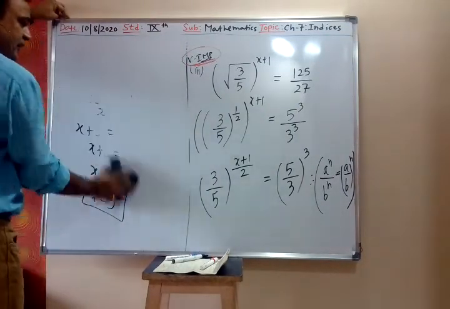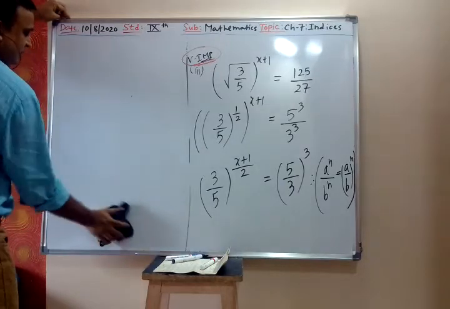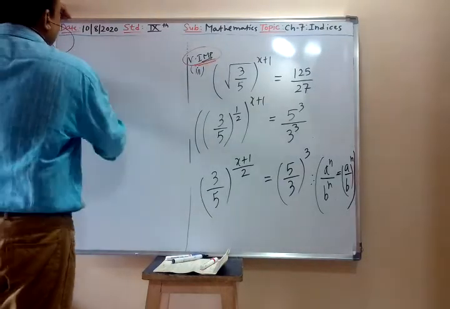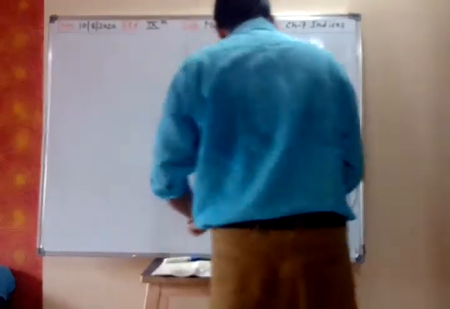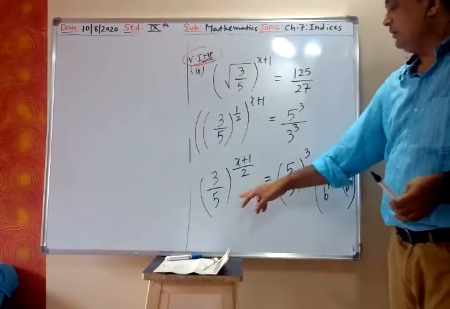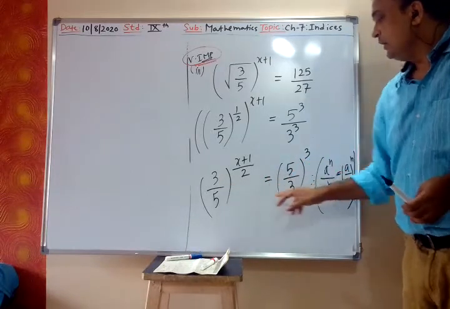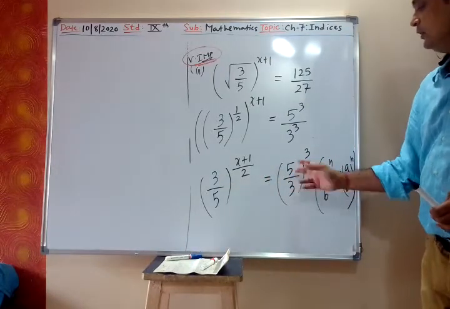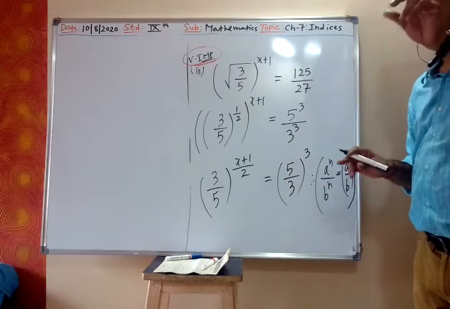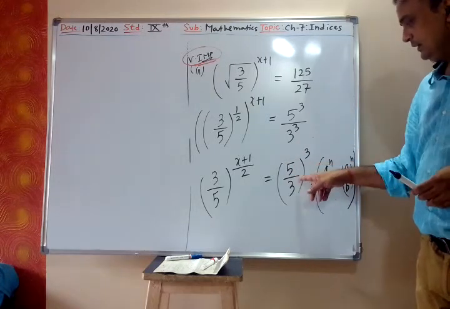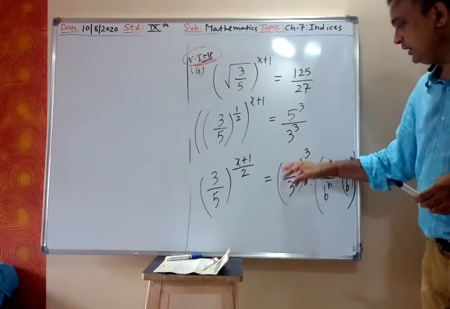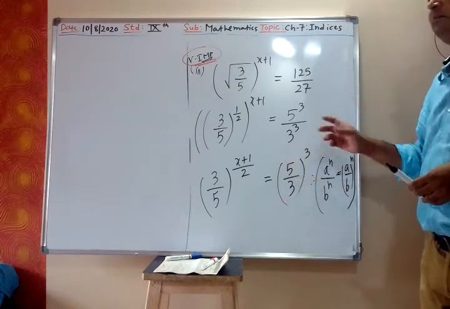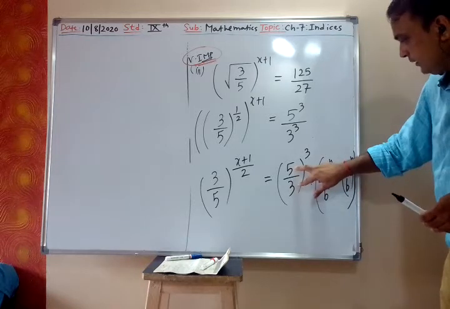Now see, we cannot compare the powers, because the base is 3 by 5 and here the base is 5 by 3. So what I will do, on the right hand side I will take the reciprocal of the term inside.